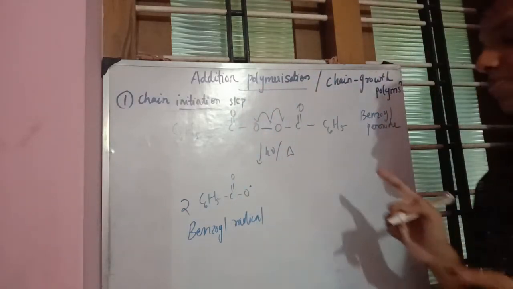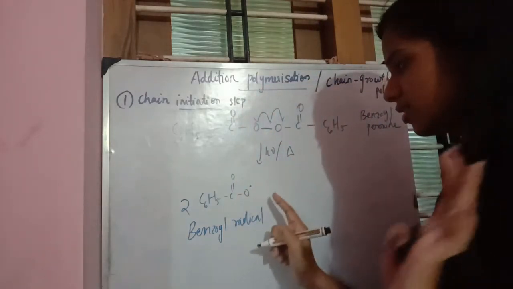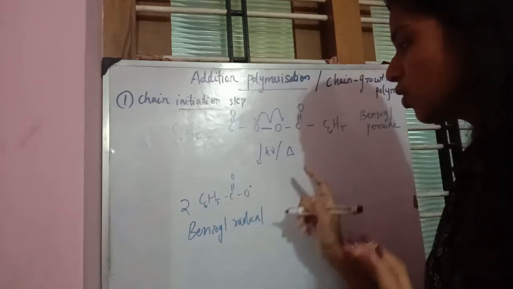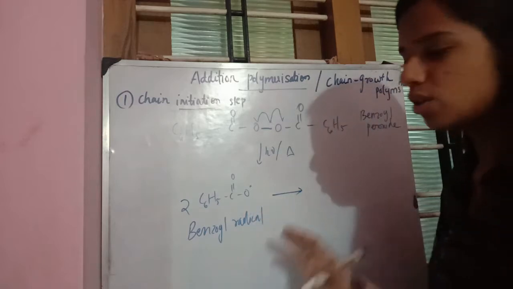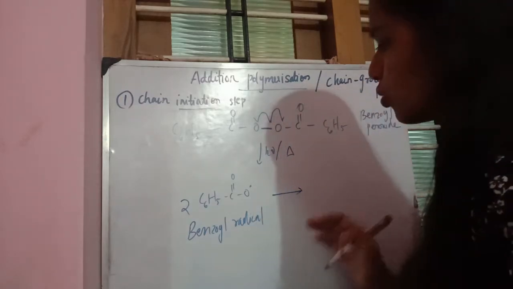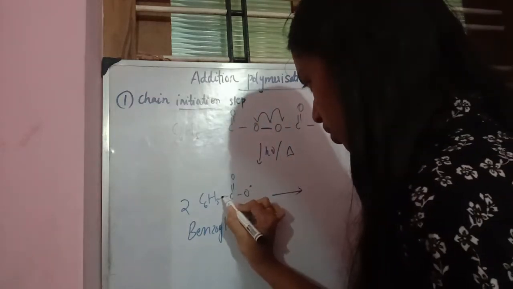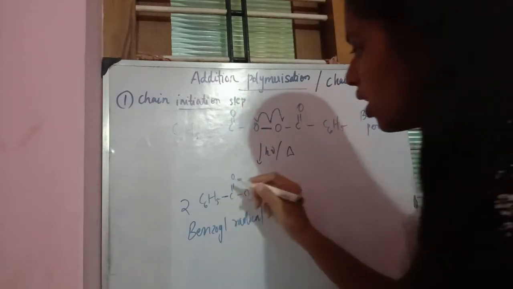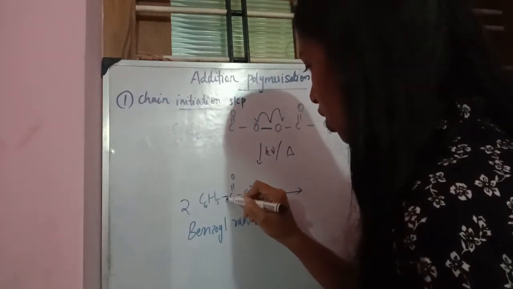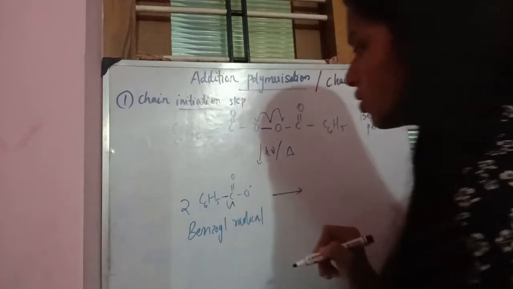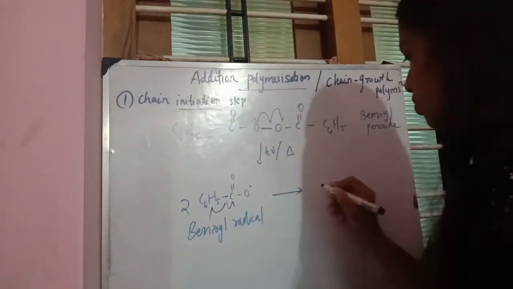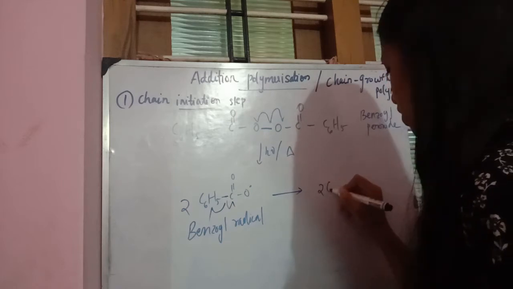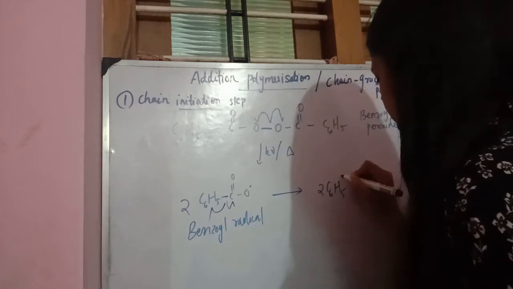Fine, and this is not the final step. See here, the benzoyl radical is also not too stable. So this bond, here also homolytic fission takes place. That is, one electron shifts over here, the other electron shifts over here, and this leads to the formation of two C6H5 radicals.